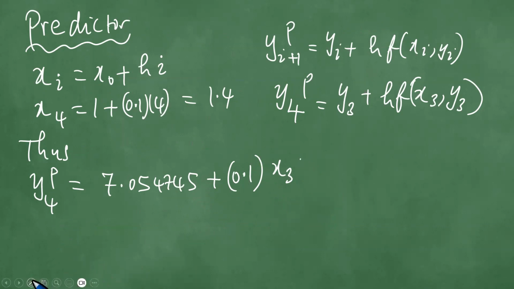Let me just substitute here. I'm going to write the x3, y3 separately. What is x3? We saw that it is 1.3. This one is not a problem. Then what is y3?